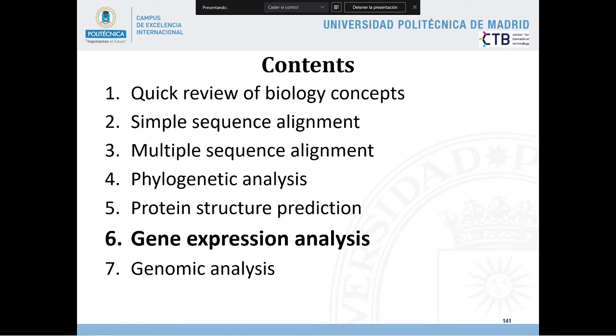Another field in bioinformatics is gene expression analysis. What we do in gene expression analysis is to measure how many copies of a gene we have in different conditions. Maybe the organism is being exposed to different conditions. Maybe the organism has a disease, maybe it has not.